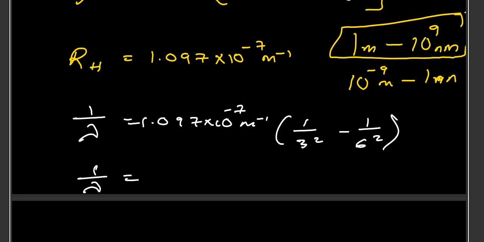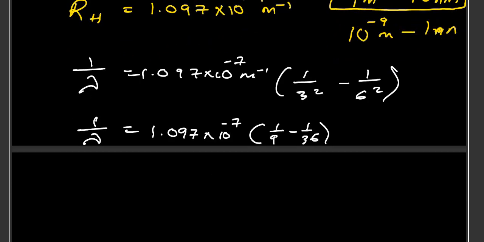So when you multiply this, let's do it together. What is 1.097 times 10 to the power negative 7, then here we're having 1 over 9 minus 1 over 36? What are you getting?